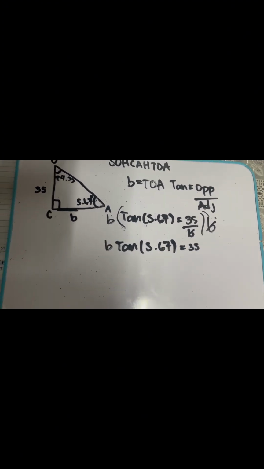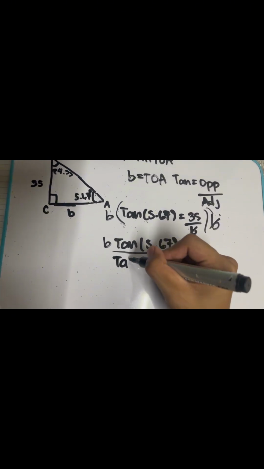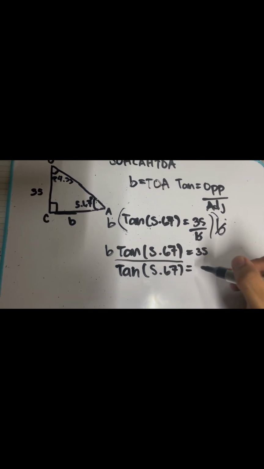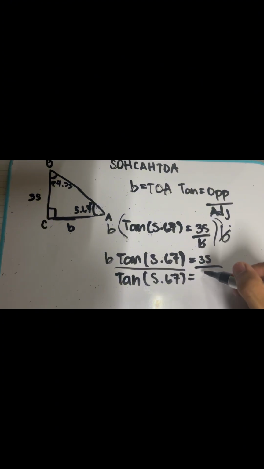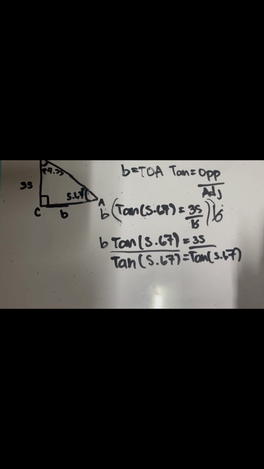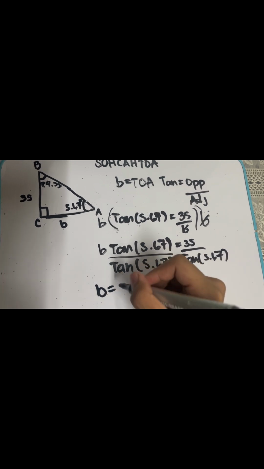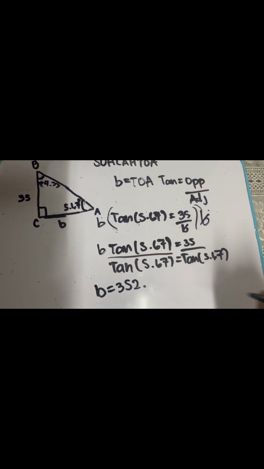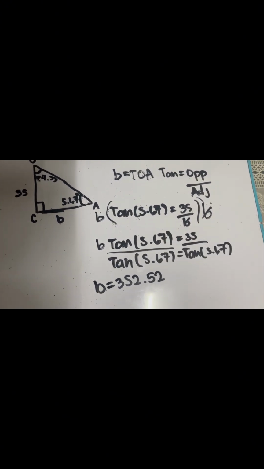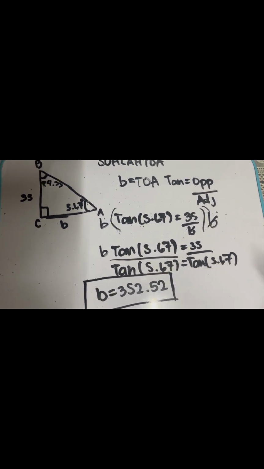Now that we have this, we divide both sides by tangent 5.67 in order to get our final answer, which is going to be 352.52. That's going to be your adjacent, or small letter b.